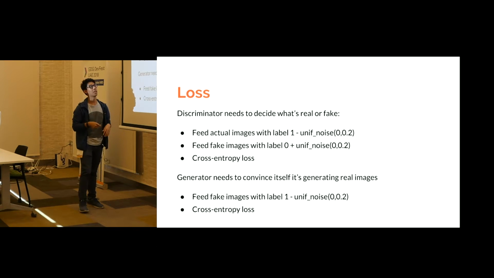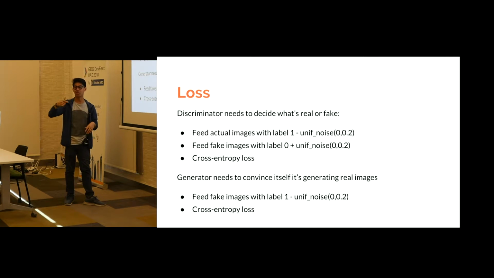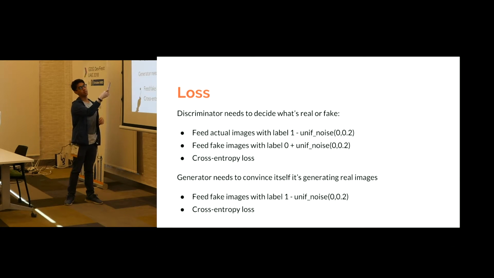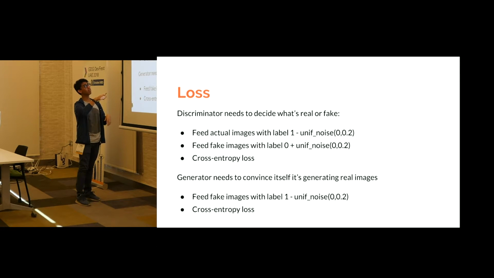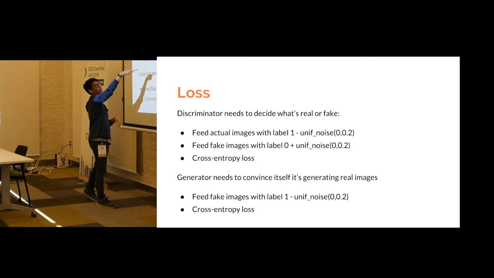It's like a soft label, so the gradient descents are not like jumping, rather it's like sloping down. And we feed fake images with label 0 with uniform noise, and we use cross entropy loss on the sigmoid, so it decides between 1 and 0 for the discriminator, and when backpropagation happens, the discriminator only updates knowing this.